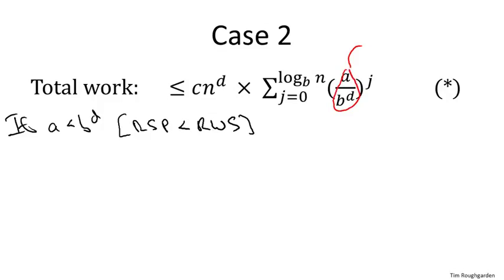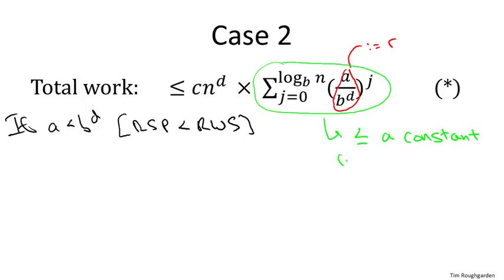So since a is less than b to the d, this ratio is less than 1. So let's call this ratio r. So r, you'll notice, does depend on the three parameters a, b, and d, but r is a constant. It does not depend on n. So what is this sum? We're just summing up powers of this constant r, where r is less than 1. What did we just learn?